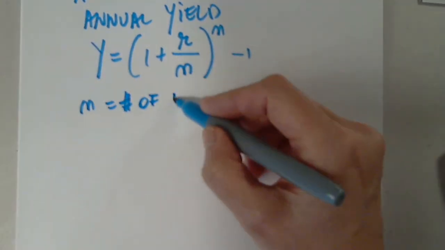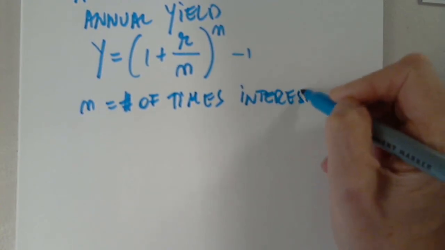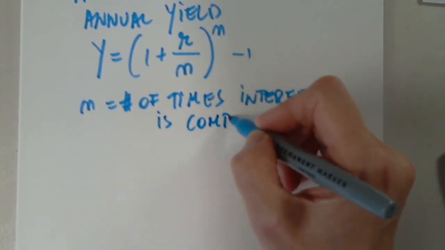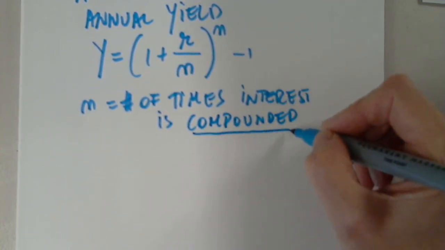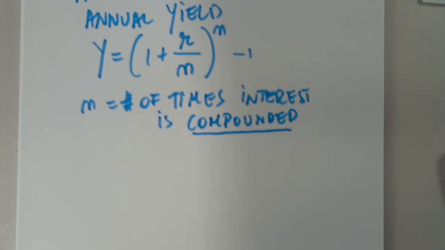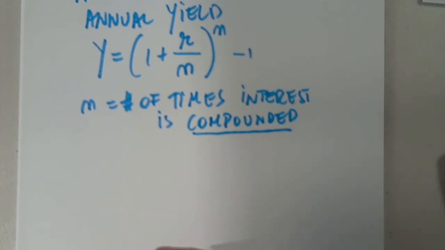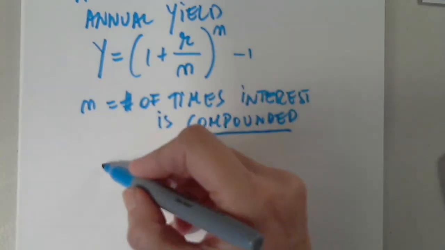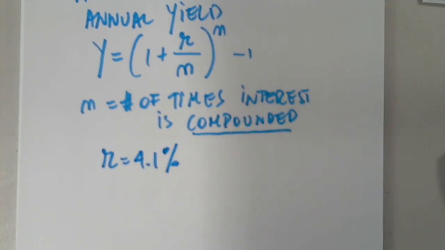Number of times interest is compounded. Compounded means recalculated per year, of course. So we are told that the annual interest rate is 4.1%, so r is 4.1%, and they're telling us that the interest is compounded quarterly.